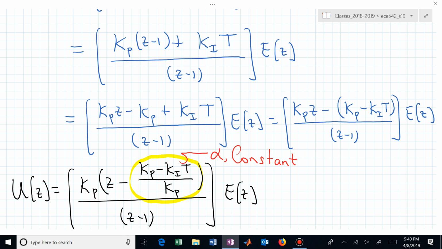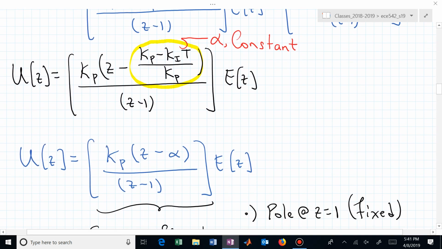The zero factor now is some ratio of these adjustable terms, and the gain that weights that zero factor is the proportionality gain, K sub P. If somebody gives you K sub P and K sub I, those two parameters are determined. We know K sub P and we know this alpha. Alpha is the zero location. And that's really what I want you to focus on now.